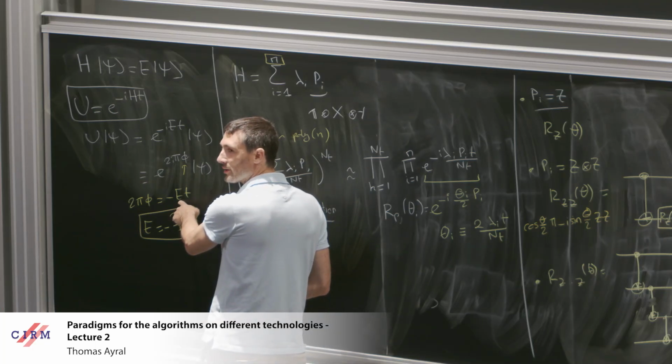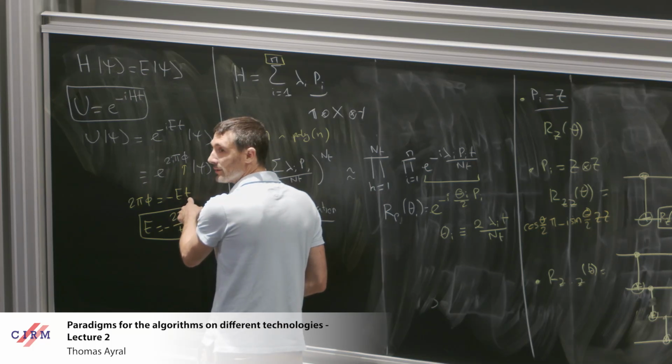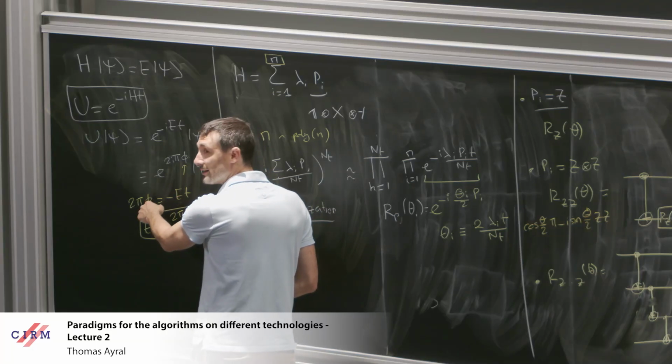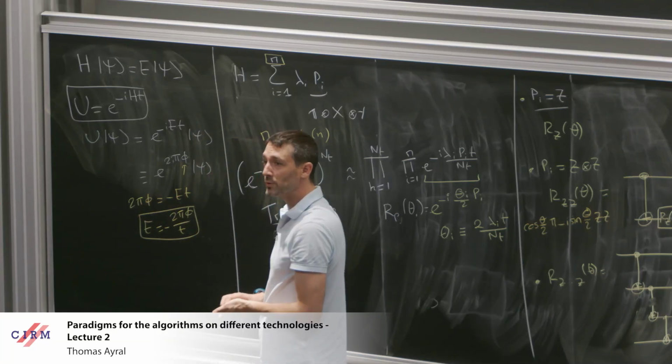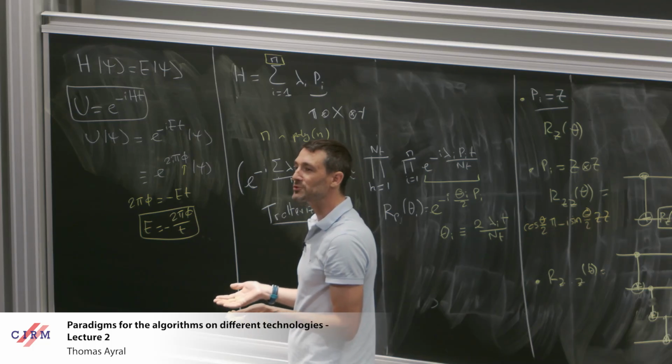That's what I'm looking for. But I need to tune T. So for instance, if I have a very large energy, then I should have a very small T. Right? So I need to adjust T so that my phase in the end is going to be between 0 and 1. But in practice, you'll tell me, yeah, but I don't know E, I don't know the energy, so how do I choose T?